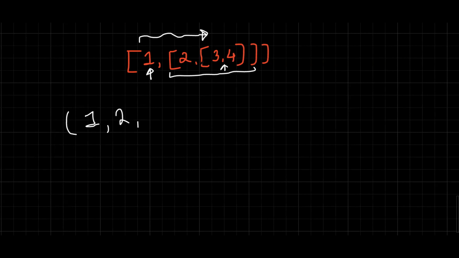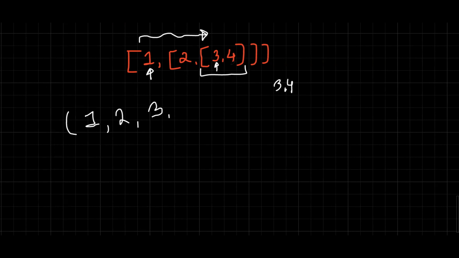Now, we have to check the condition of the next element. Here, the next element is a list, which is 3 and 4. So here, we have to recursively call the function on this list. We check the first element of this list, which is 3, an integer, so we add 3 here.